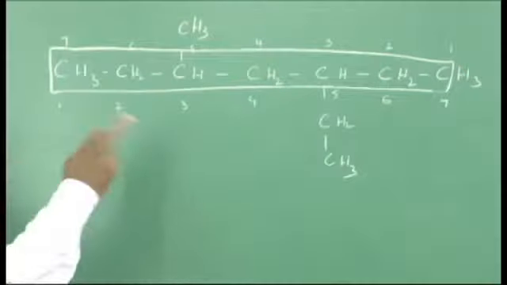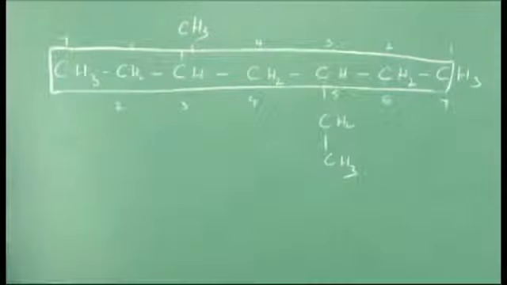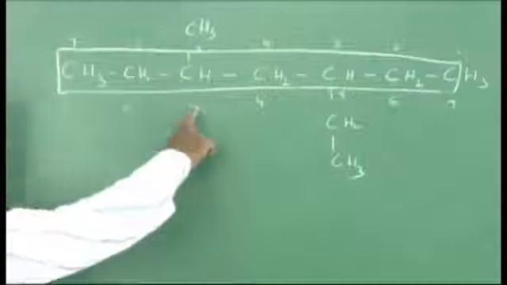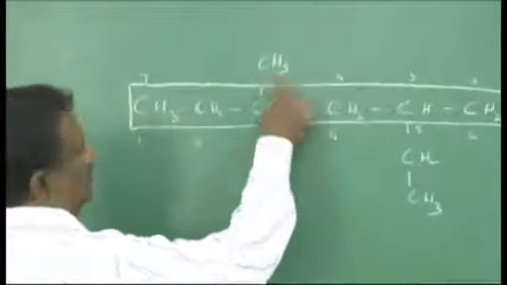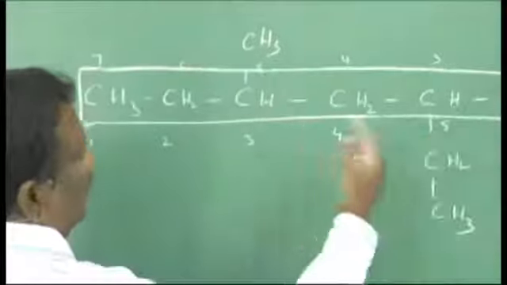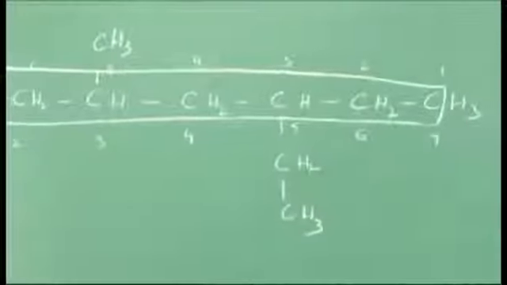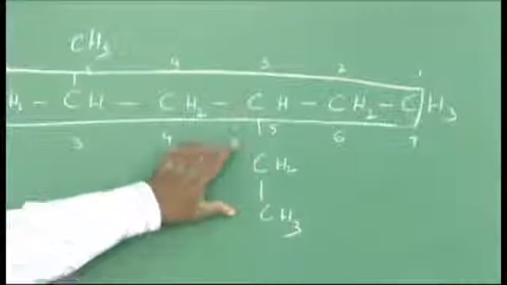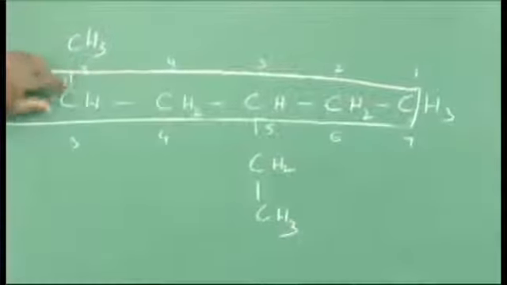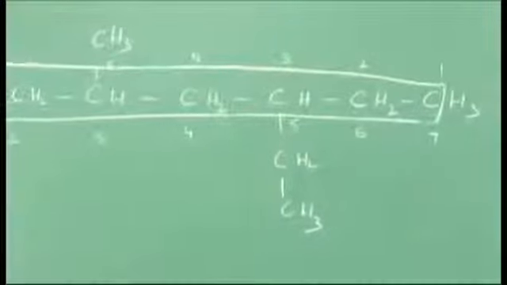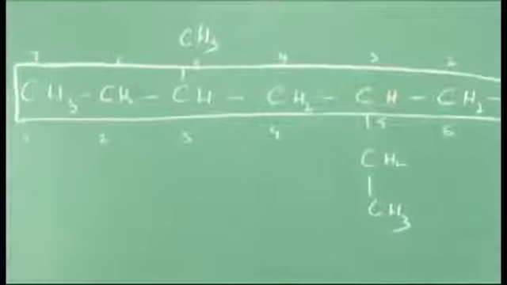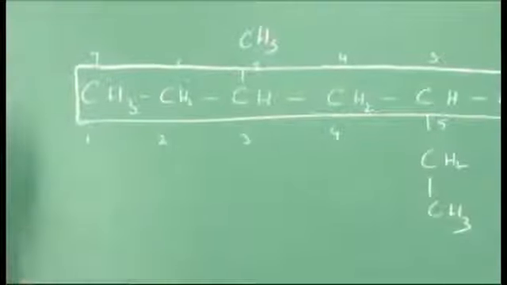Now, if you observe, on this side you have substituents on the third and fifth carbon, and from that side also on the third and fifth carbon. That means two groups are present at identical positions, that is 3 and 5. In any direction the numbering is 3 and 5.